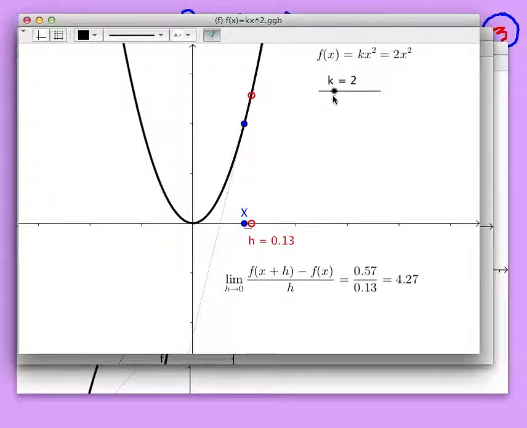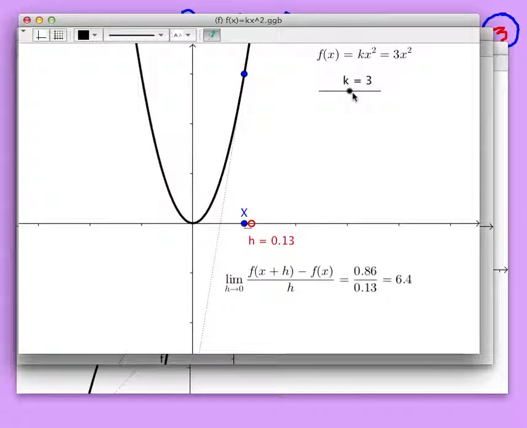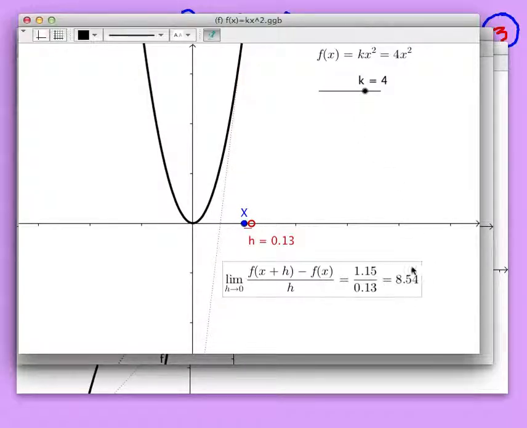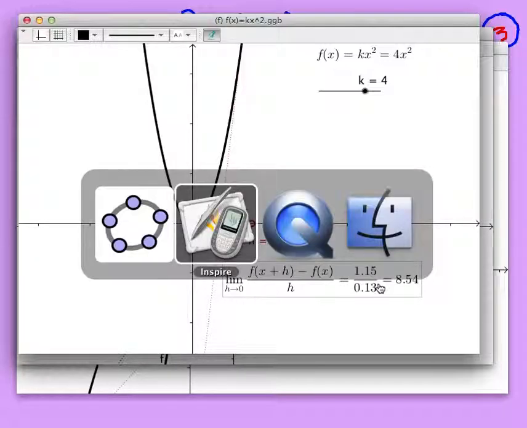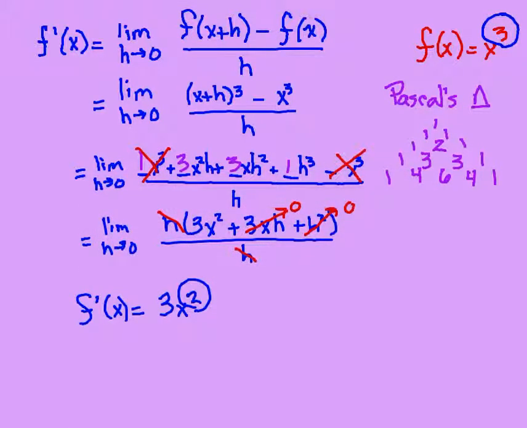It's twice as steep. If my k is 3, my derivative, which was 2, is now 6. So it is approximately 3 times as steep. And then if k is 4, my derivative is approximately 4 times as steep. So noticing that, we can fill in our notes here pretty quickly.